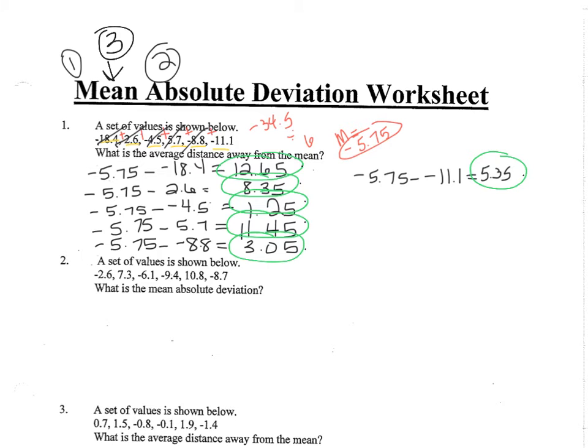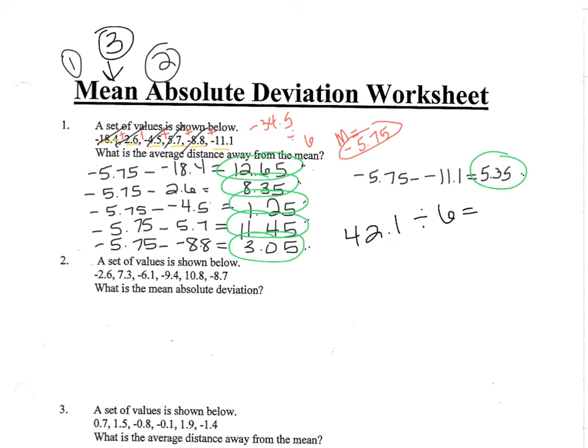In my calculator, I'm going to start with 12.65 plus 8.35 plus 1.25 plus 11.45 plus 3.05 plus 5.35. When I hit enter, I get 42.1. That's not my answer. I have to divide by how many numbers were in this set, so I'll count them again to be sure: 1, 2, 3, 4, 5, 6.